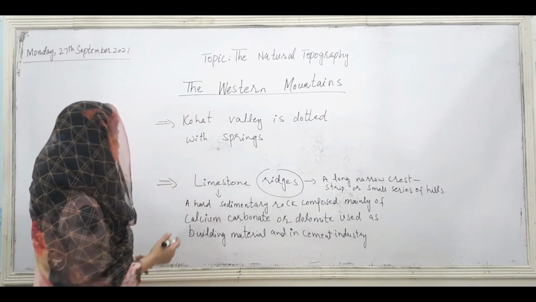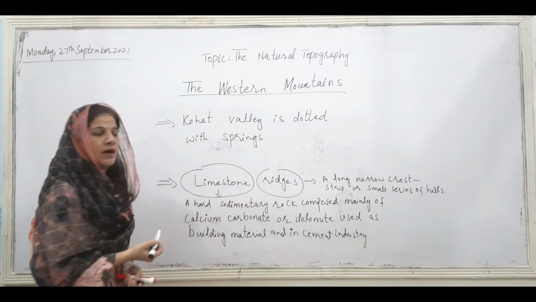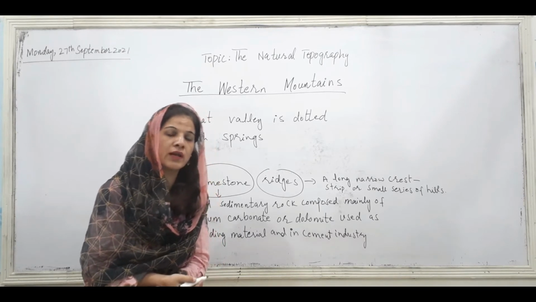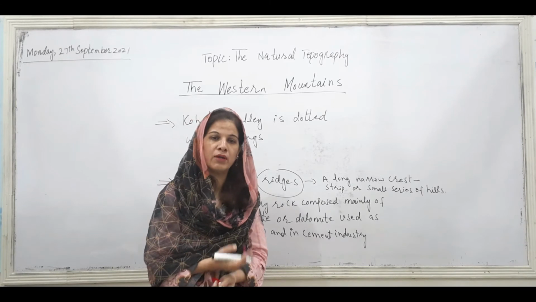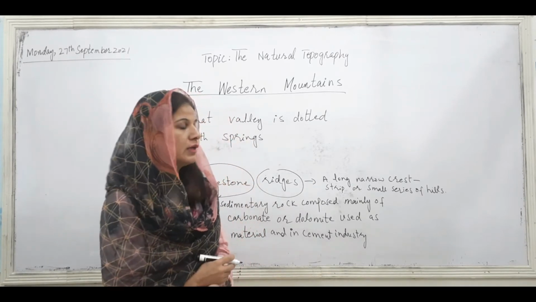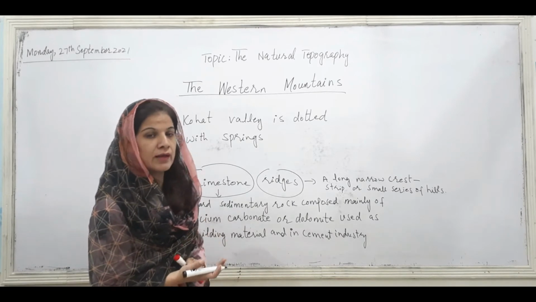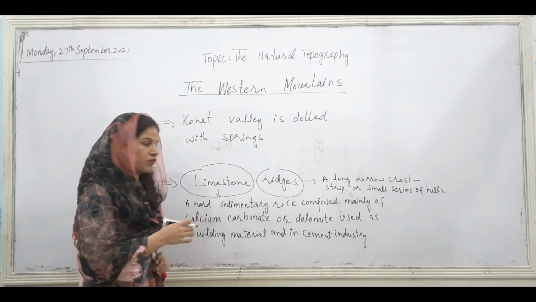So what is limestone? Limestone is basically a sedimentary rock. We have discussed in junior classes about different types of rocks: igneous rocks, sedimentary rocks, metamorphic rocks. So this is a sedimentary rock which is formed by the compaction of layers of different sediments or deposits.